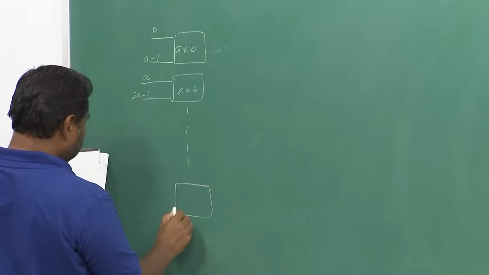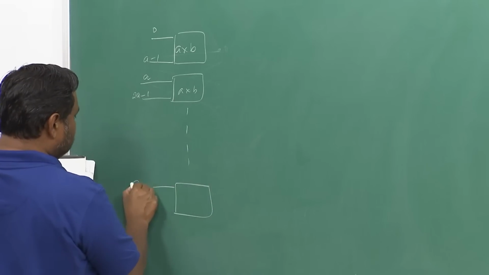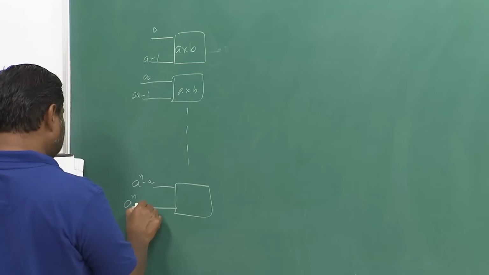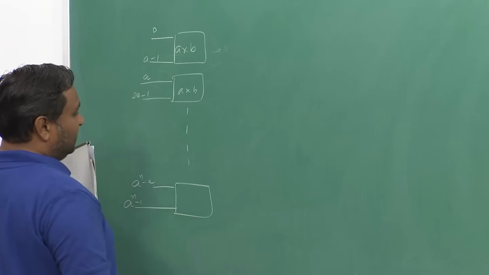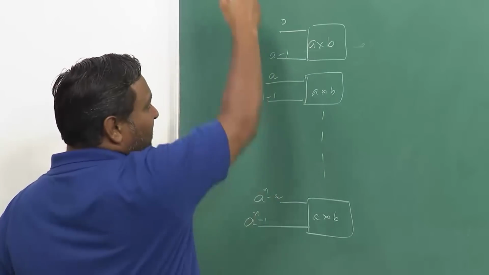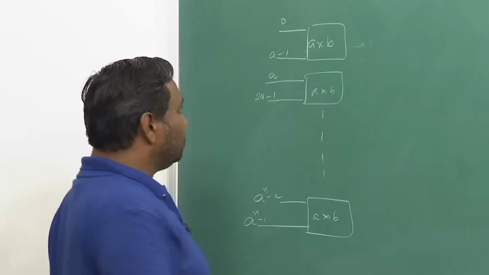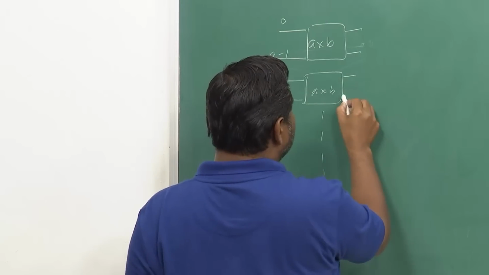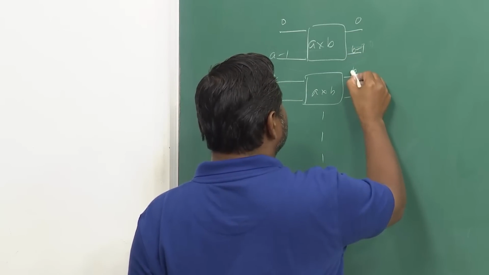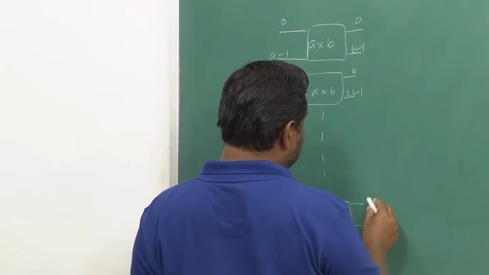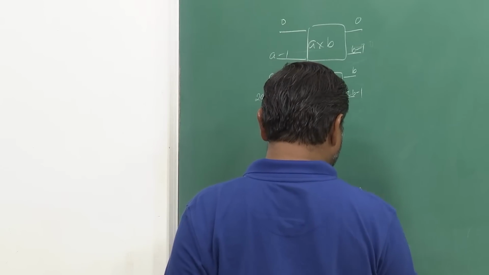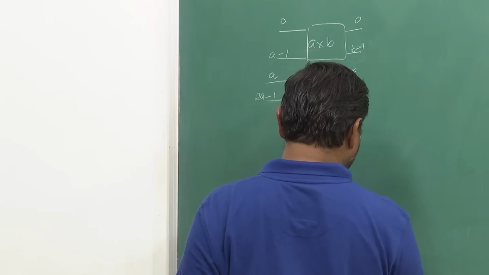The last one will consist of a raised power n minus a to a raised power n minus 1, this will also be a by b. The switch inputs will be numbered in this fashion from top to bottom. I will also be numbering these outputs correspondingly in the same fashion. They will be numbered from 0 to b minus 1, this will be b to 2b minus 1, okay, and the last one will be b raised power n minus b to b raised power n minus 1.